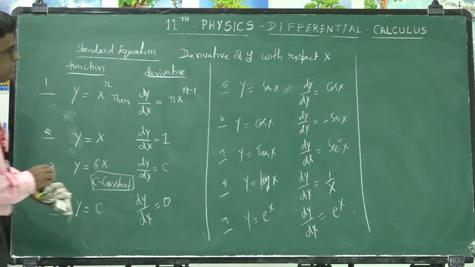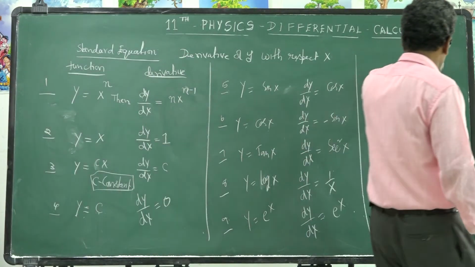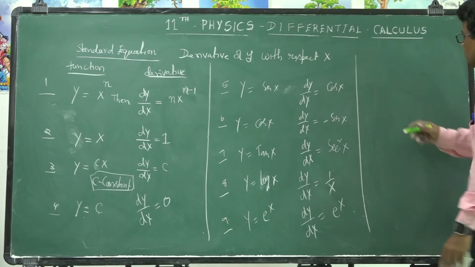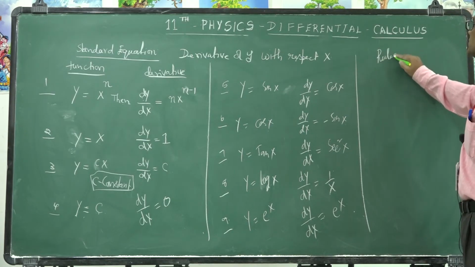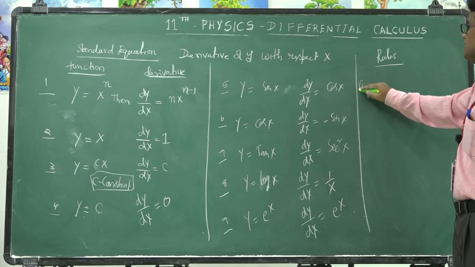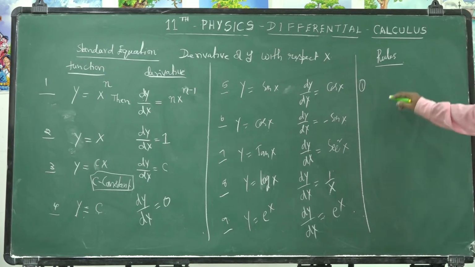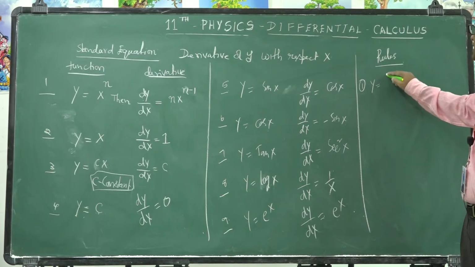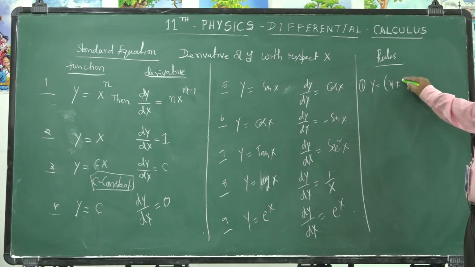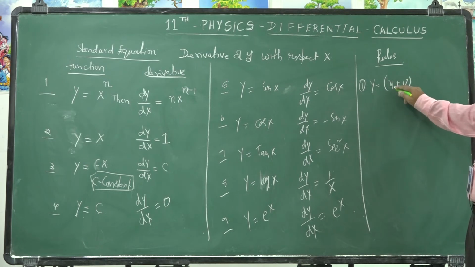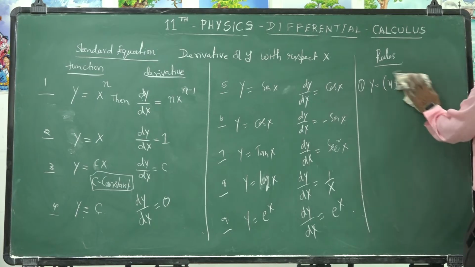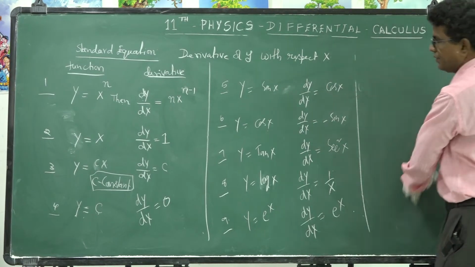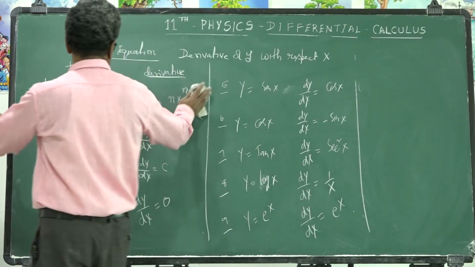Now along with these 9 formulas, I will give some rules. First one is the addition rule. Suppose there is a function y, u plus or minus v. These are the 2 variables.